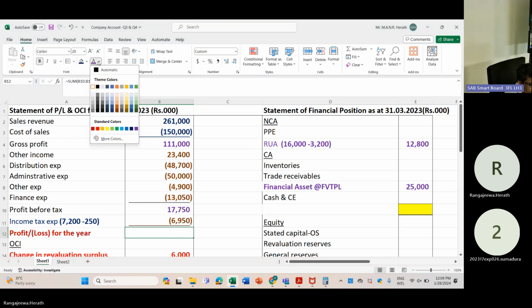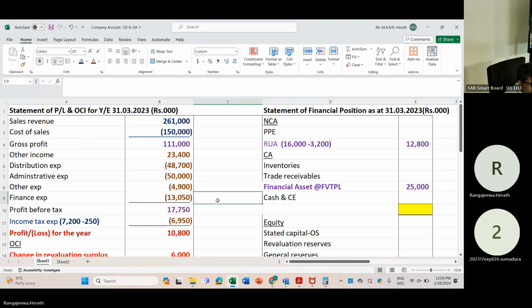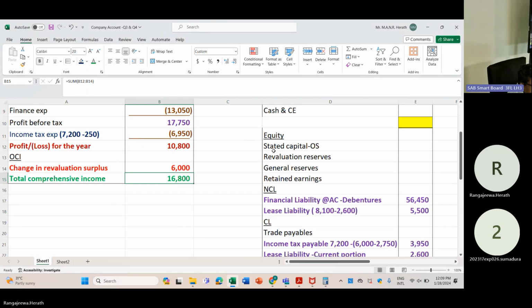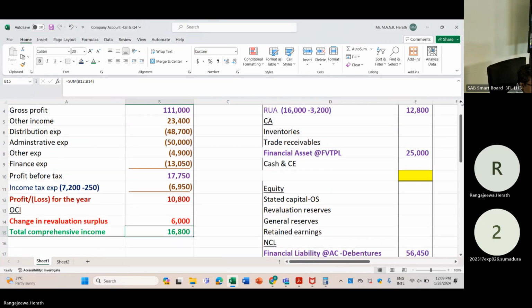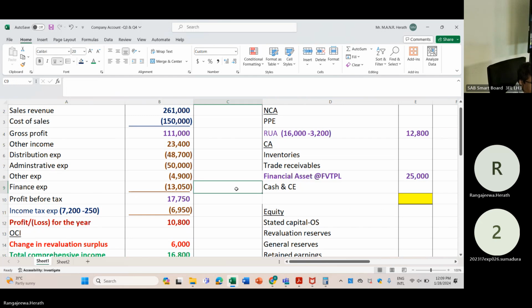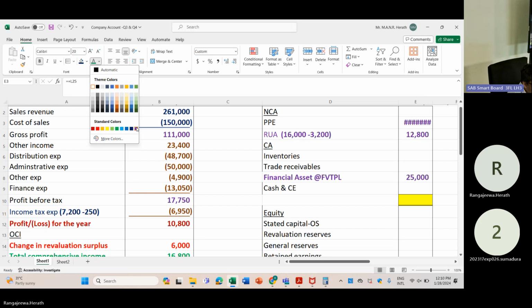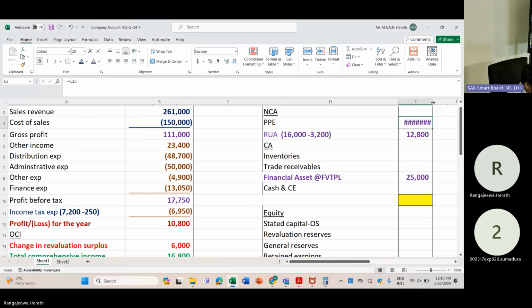So the final profit for the year, plus the change in revaluation surplus, gives total comprehensive income of 16,800. PPE, we have already calculated the balance at book value.